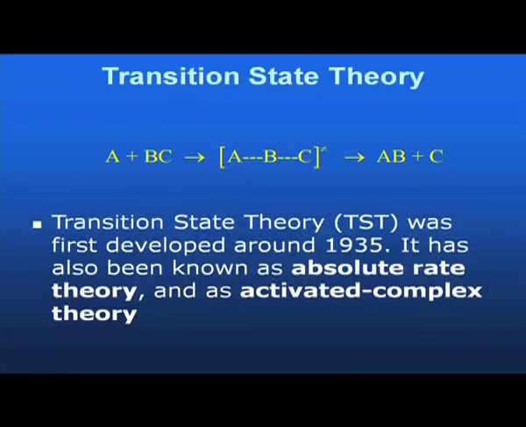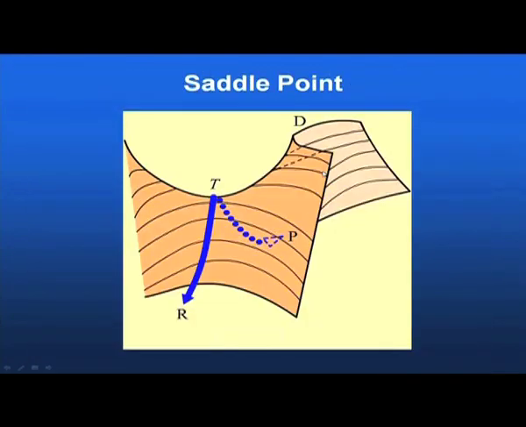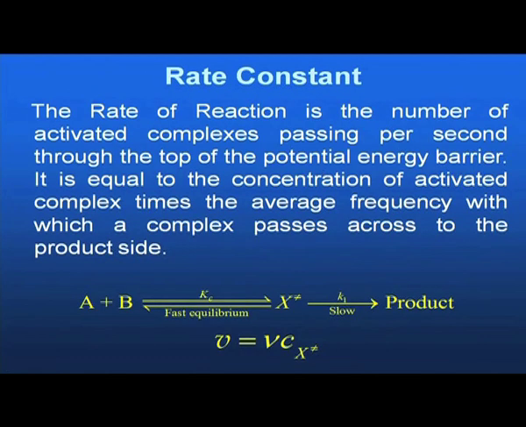That is a low frequency, large amplitude vibration that is responsible for the rupture or rearrangement of a particular bond, giving rise to AB plus C. And that we did in this fashion, this is the scheme.